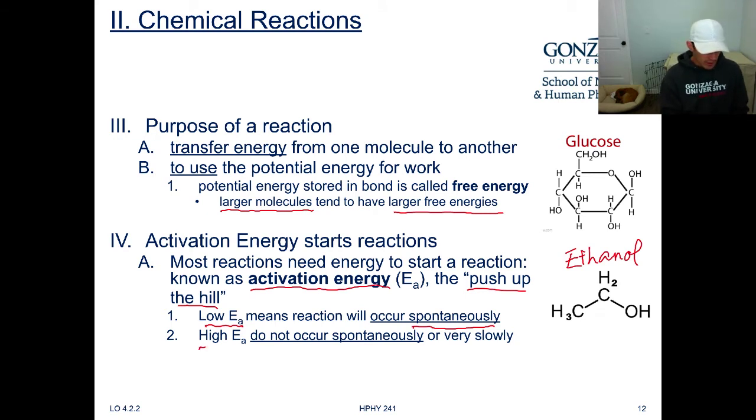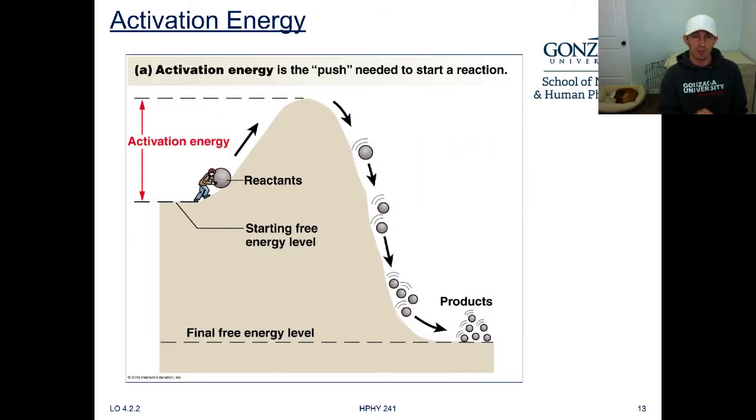On the other end of this, that push up the hill might be a little bit higher. You have to input a little bit more energy to get that reaction started. And the higher the activation energy, the higher the likelihood that that reaction will not occur spontaneously.